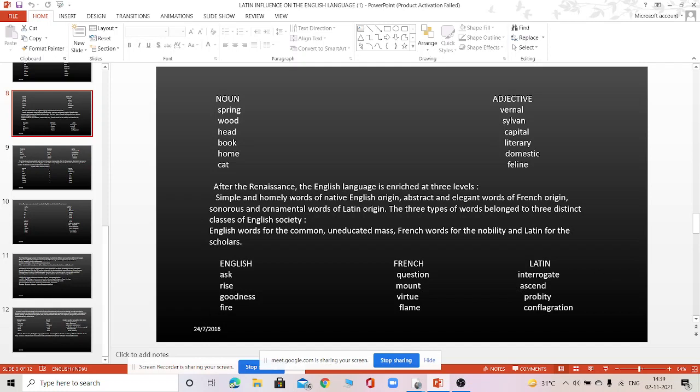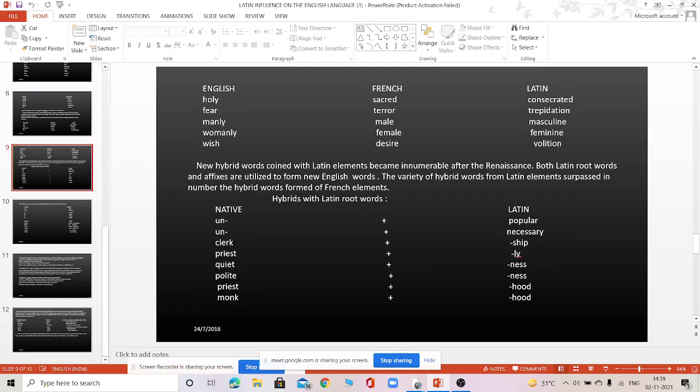So fire is flame. In French, it can be denoted as flame. Conflagration. This word is also a big word which is used. It means fire. Like this, we will move on to the next slide. Holy, sacred, consecrated.